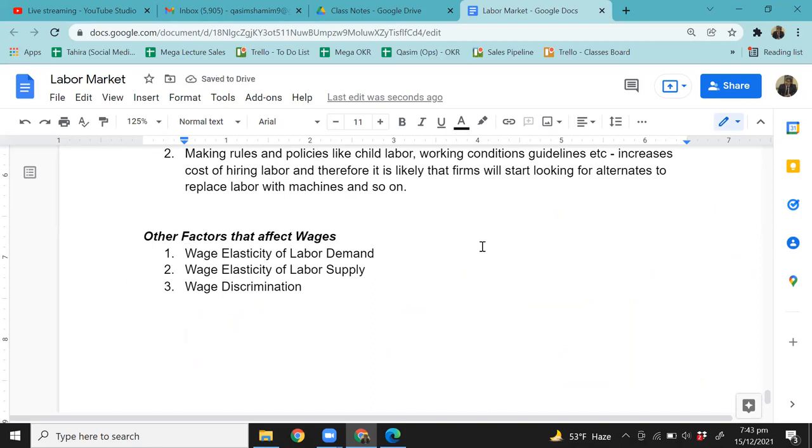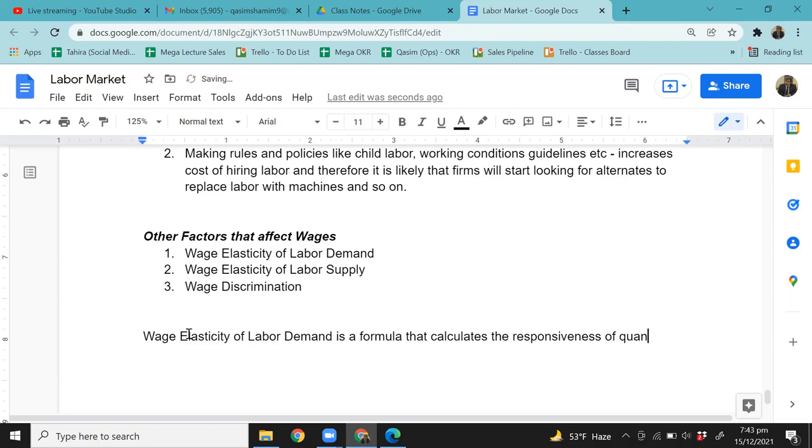So wage elasticity of labor demand is a formula that calculates the responsiveness of demand to changes in wages, right? Okay.